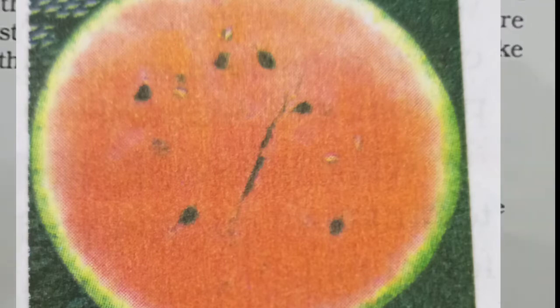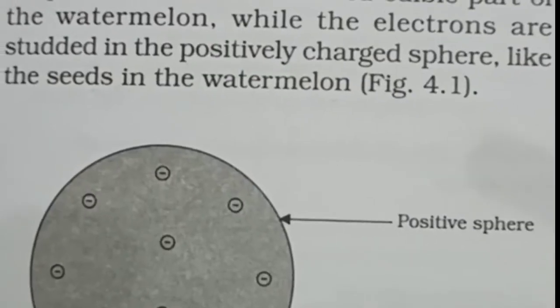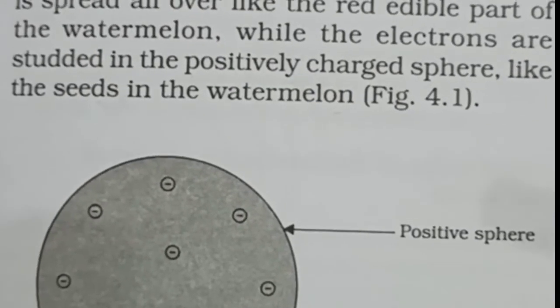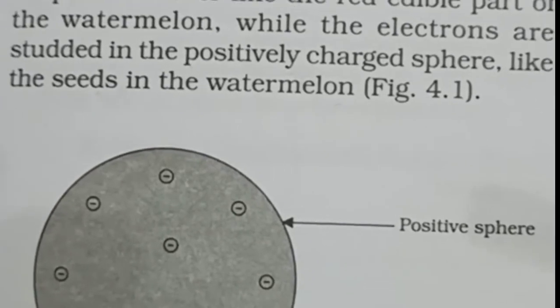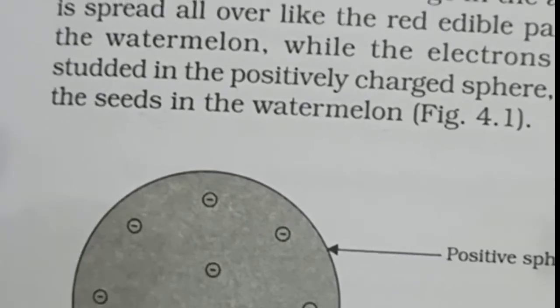And then the electrons were the seeds in the watermelon. The black seeds that you are seeing were the electrons, and the red part was the positively charged part. Thus, he said that in this way we can understand the model of an atom.